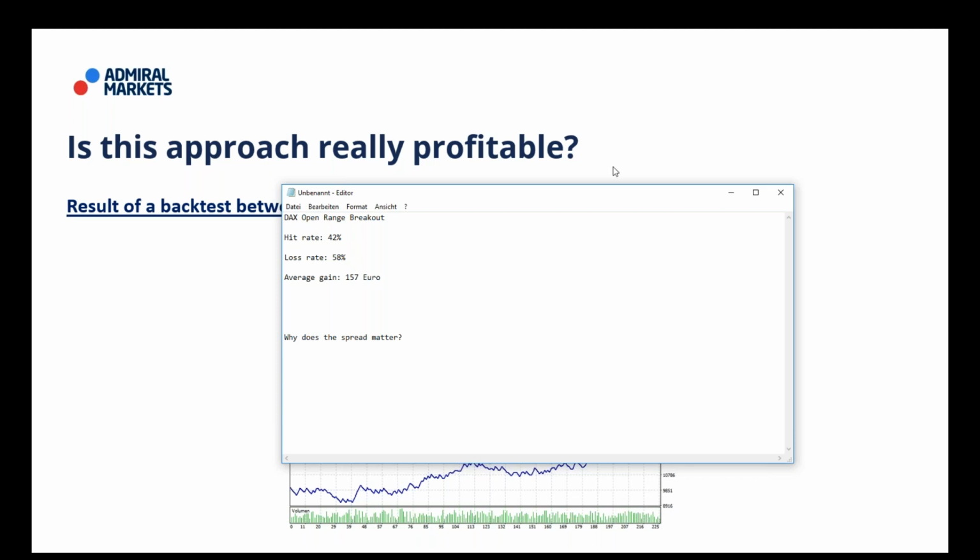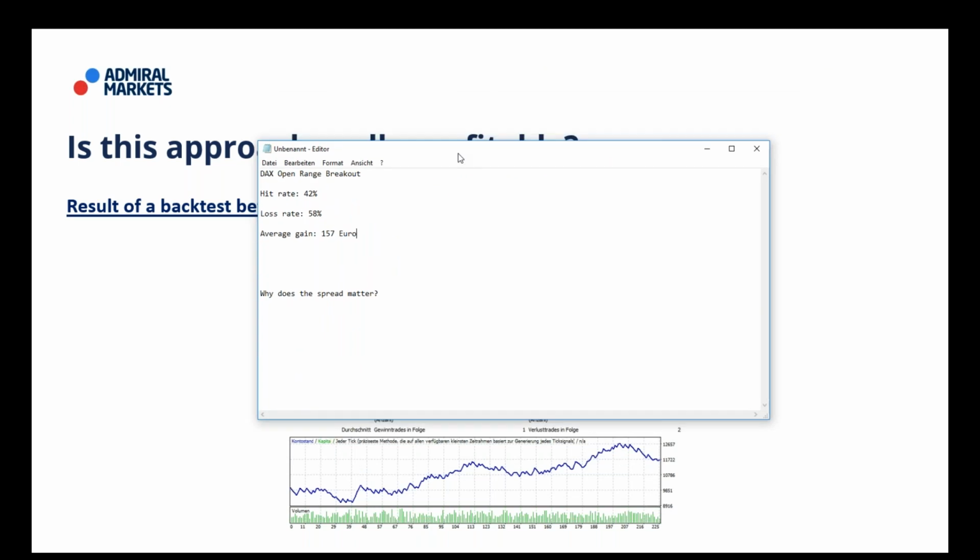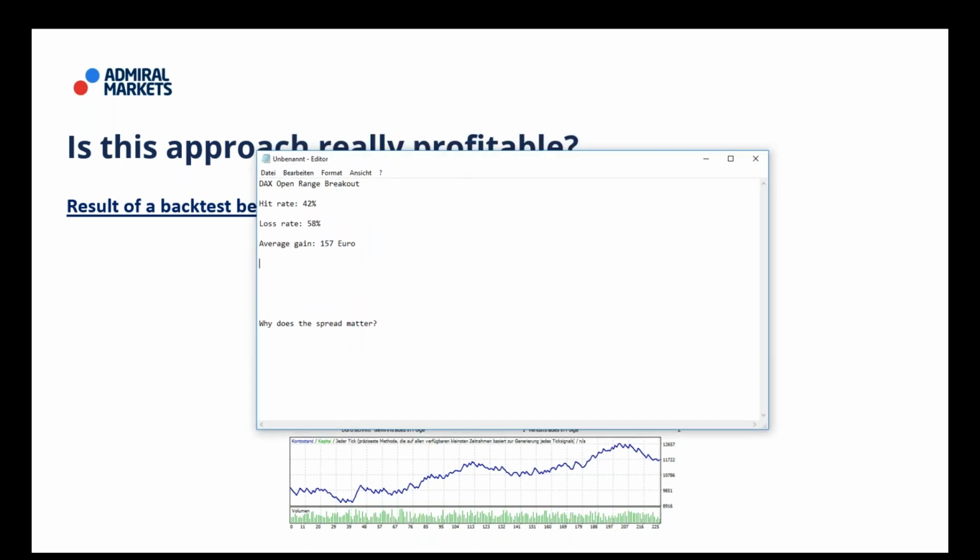We round this down, it's 157.07, but this is not necessary here. And then we have the average loss, which comes down to 99.70 euros.